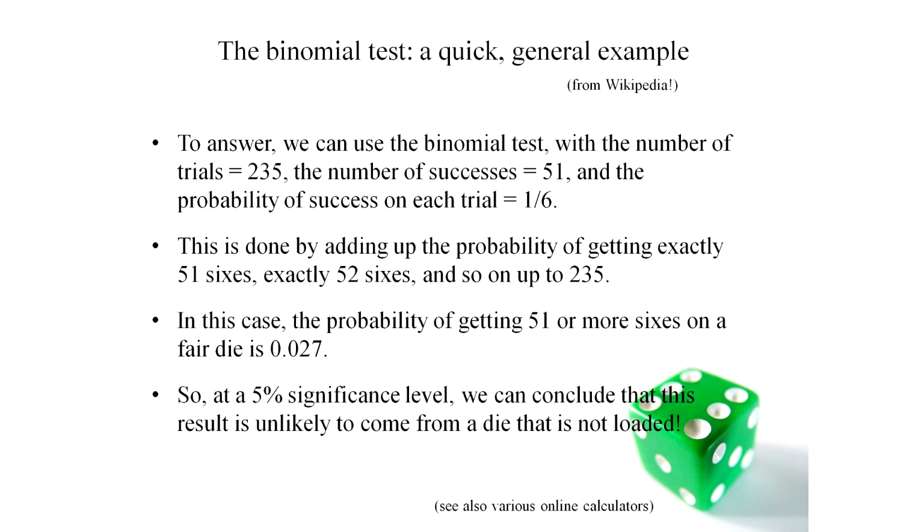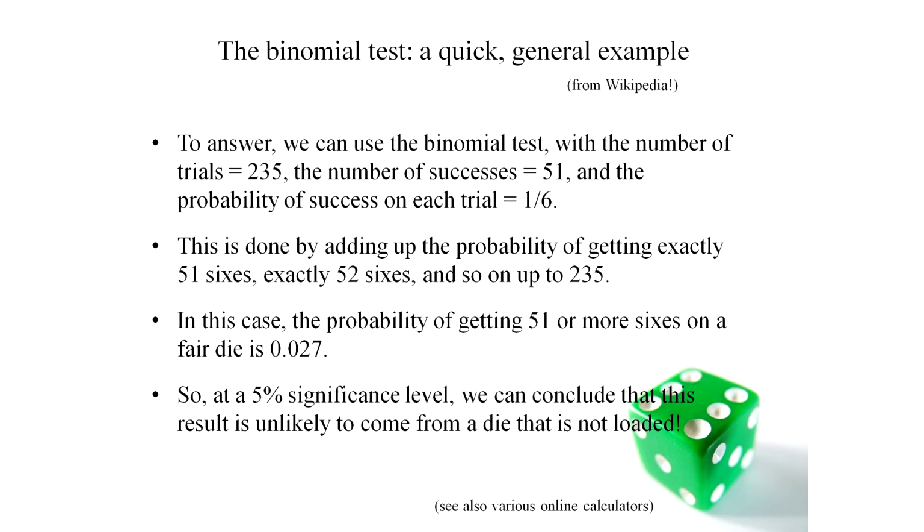And then the way the binomial test works, and there are online calculators, or R will calculate it in a flash, you just add up the probability of getting exactly 51 sixes, 52 sixes, 53 sixes, all the way up to 235 sixes. If you work it out in this case, the probability of getting 51 or more sixes on a fair die is 0.027.